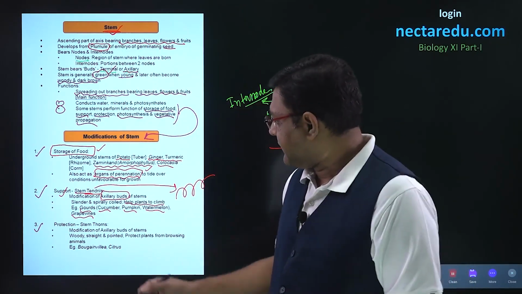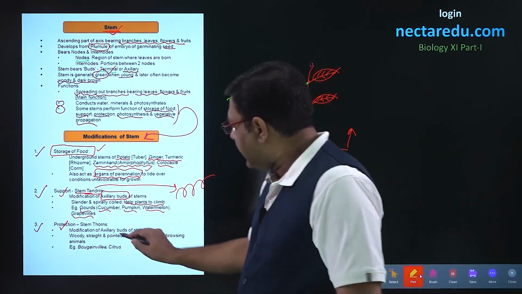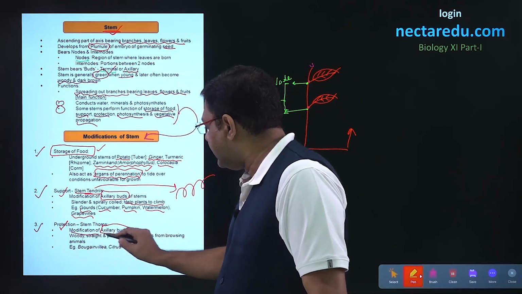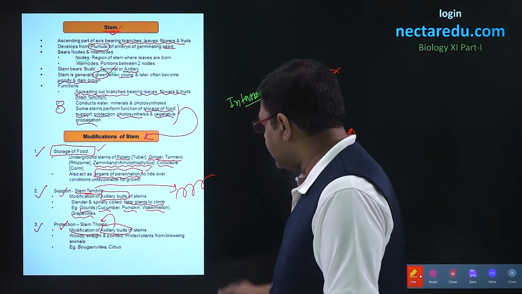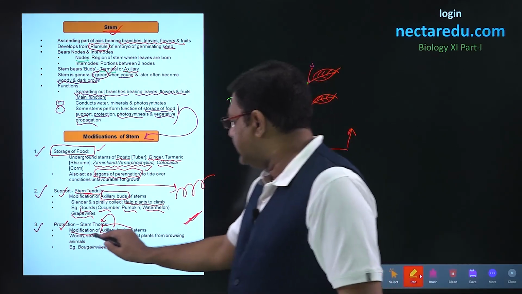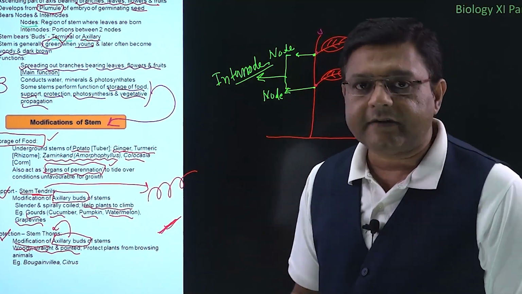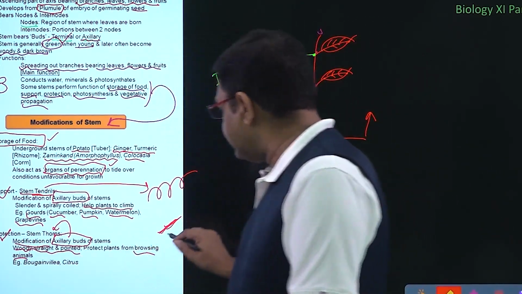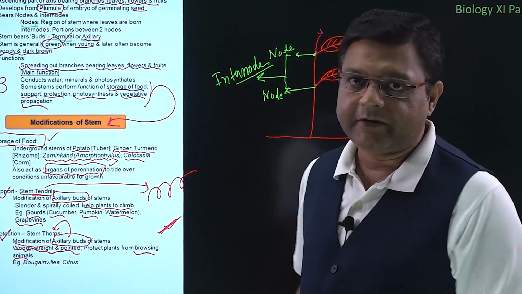Moving to the third function, that is protection. In this case, again axillary buds will modify to form thorns. Thorns are woody, straight and pointed structures, and these will protect the plant from browsing animals, because these animals will get hurt if they try to browse the plant, and that is how the plant will get protected.